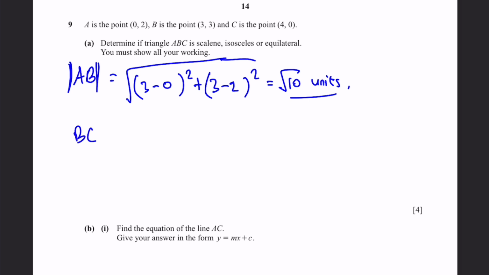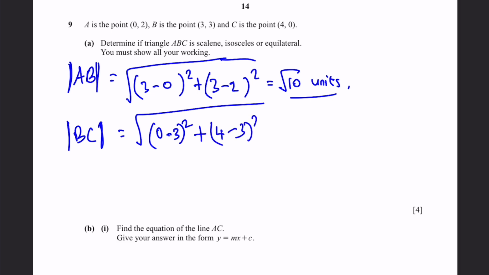Now, what is the length BC? That's going to be, using our same distance formula, the square root of 0 minus 3 the whole squared plus 4 minus 3 the whole squared. And that's just going to be negative 3 squared, which is 9, plus 1 squared, which is 1. And we square root this, so it's square root 10 once again.